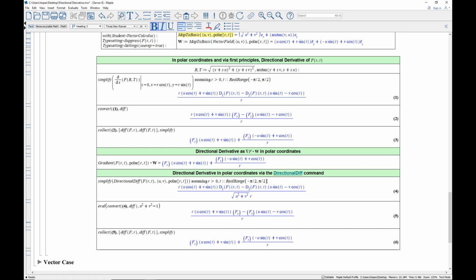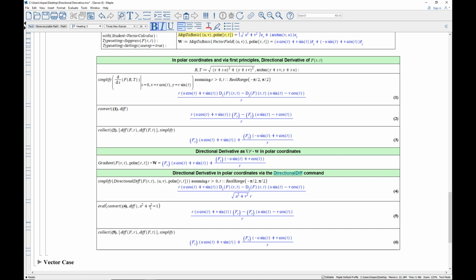R greater than 0, take care of the theta so that the arctan comes back as t. Denotation for derivatives. We never told the command that u and v formed a unit vector.